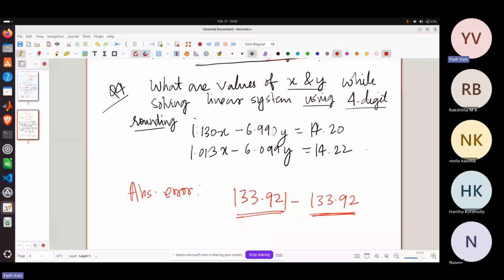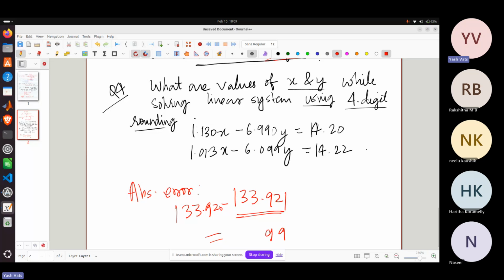Sorry, because it is the exact 133.92 minus this. So you subtract this from this, keeping this. 10 minus 1 is 9, and then 11 minus 2 is 9, something like that.